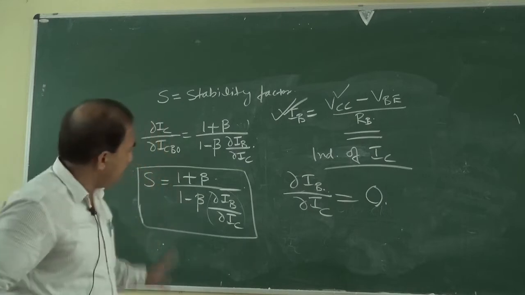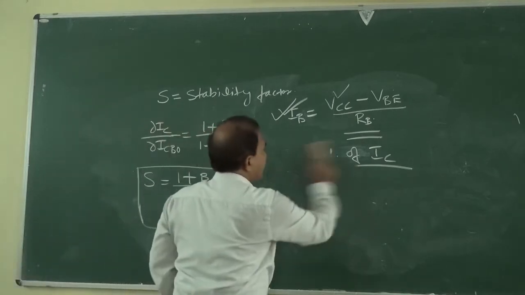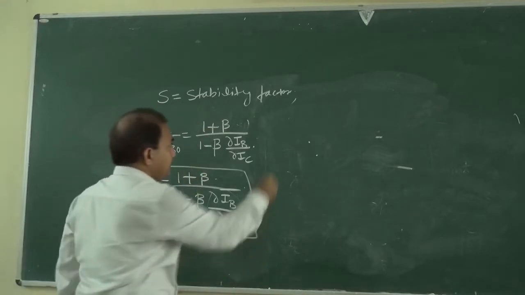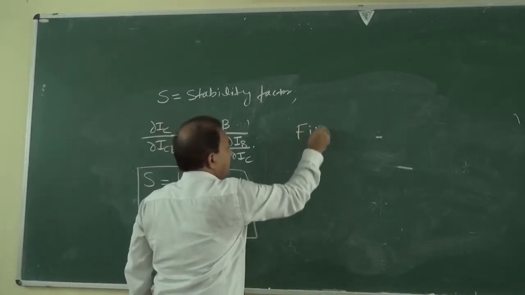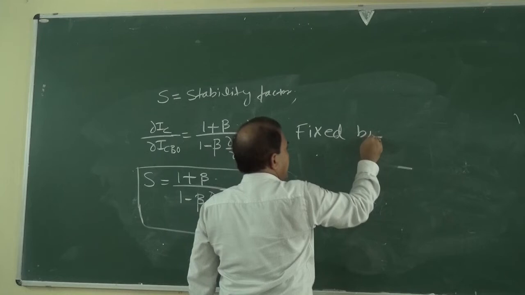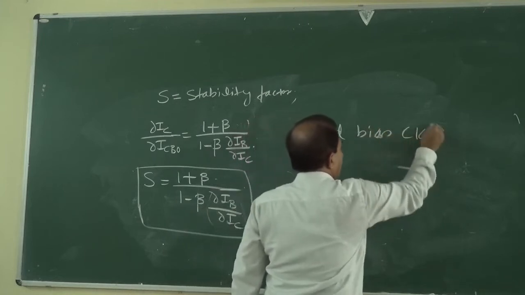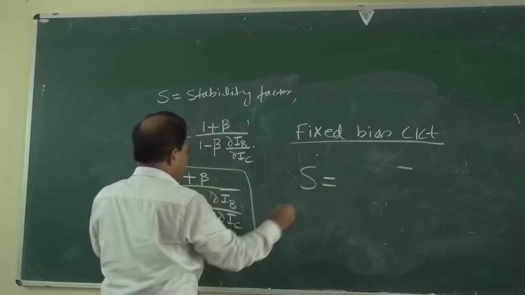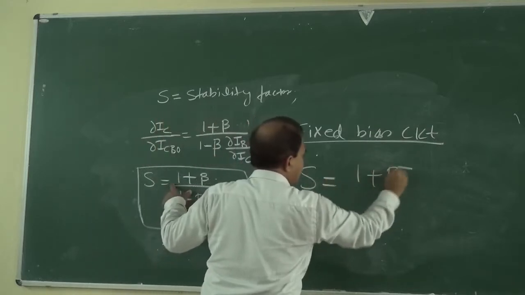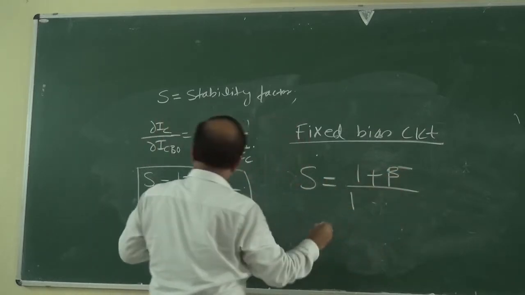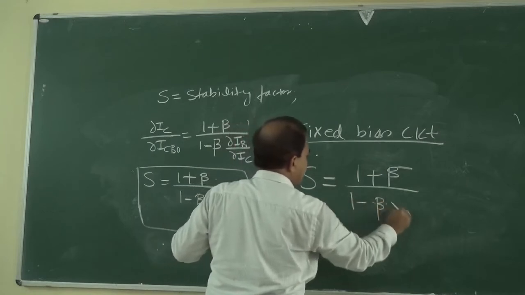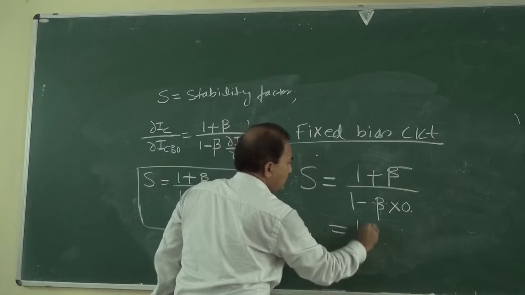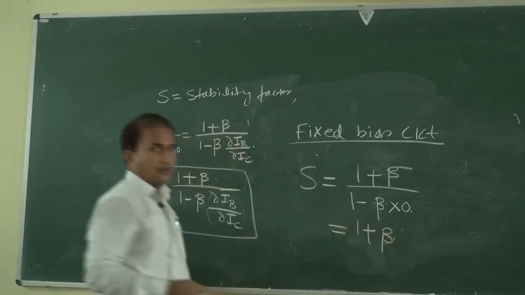So the stability factor in case of fixed bias circuit is equal to 1 plus beta divided by 1 minus beta multiplied with 0. So it is equal to 1 plus beta.